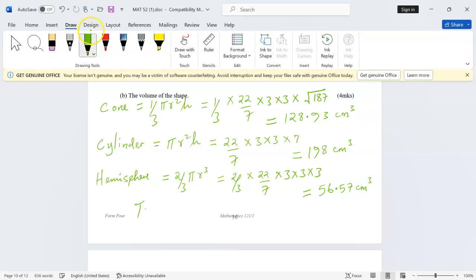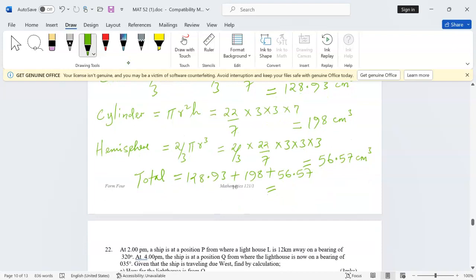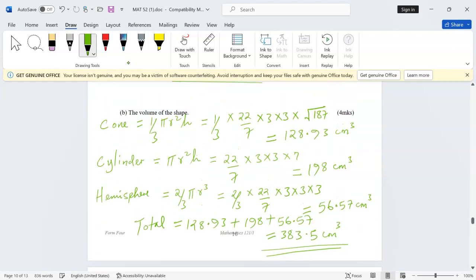Now we can talk about the total volume, where we need 128.93 plus 198 plus 56.57. This gives a total of 383.57 cubic centimeters. That will be the total volume for the solid.